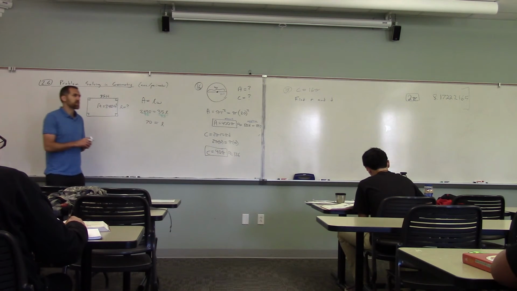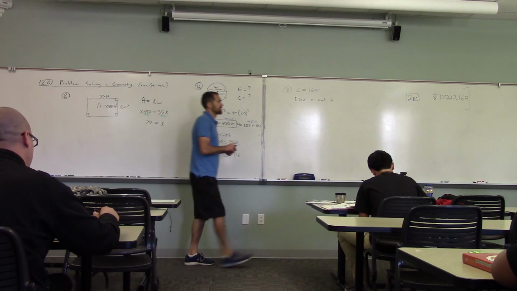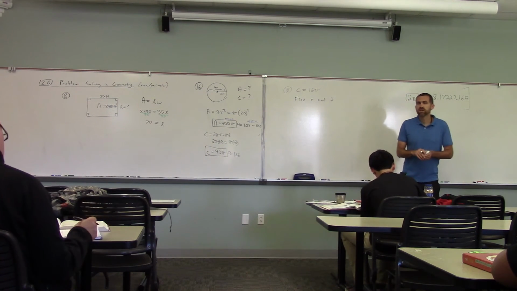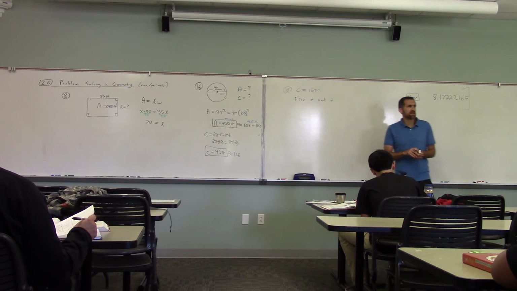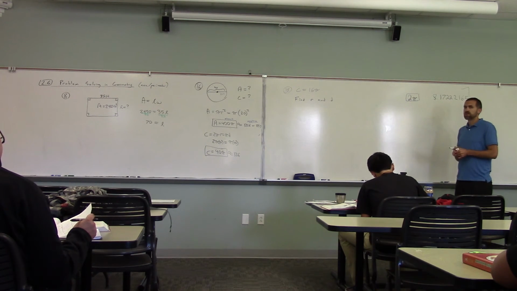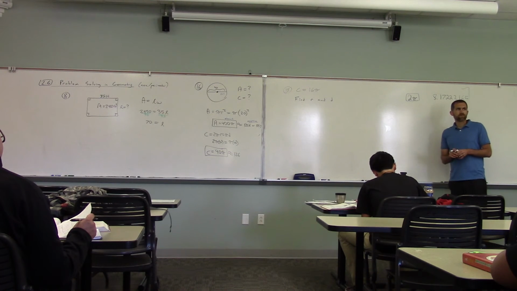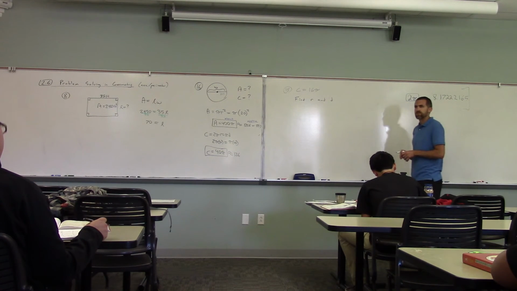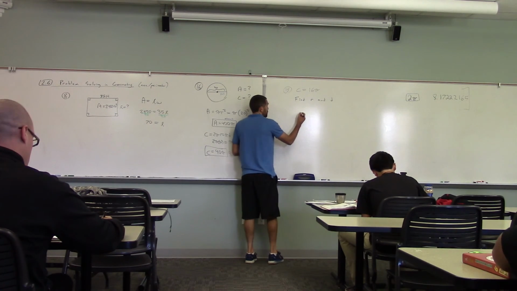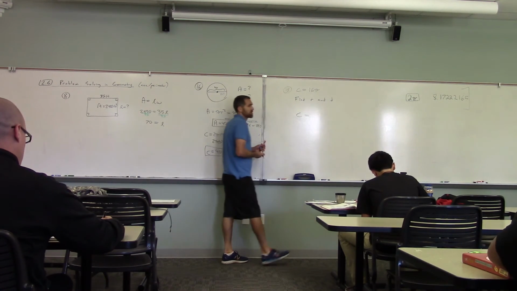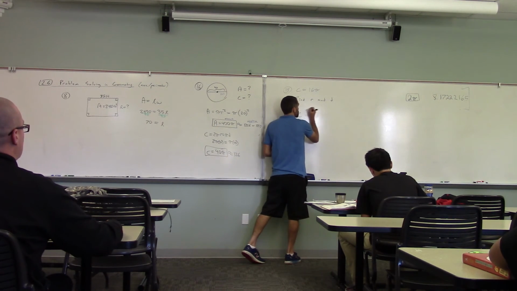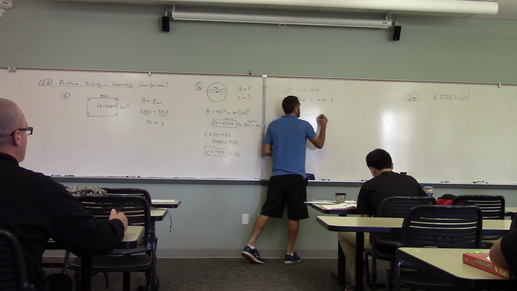How would we find the diameter? Well, let's write out the formula first. We can use either one. C equals 2 pi r. Not pi r squared, that's area. So it'd be 2 pi r.